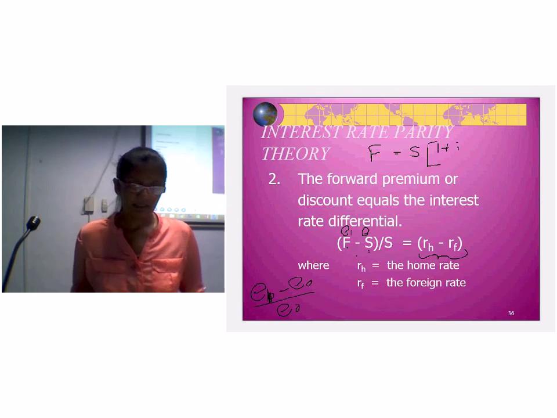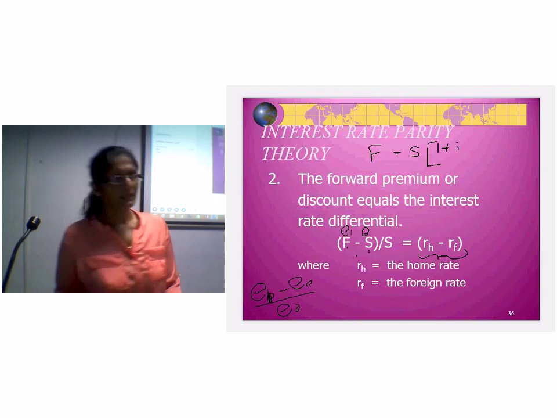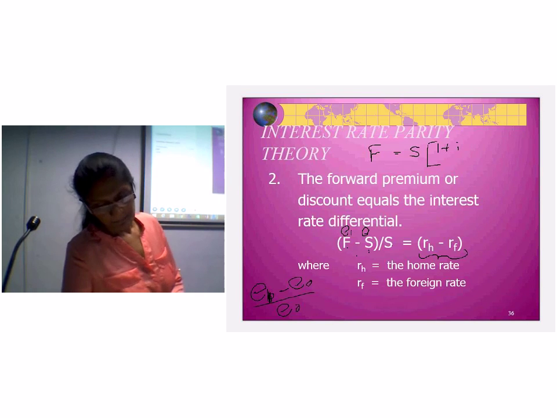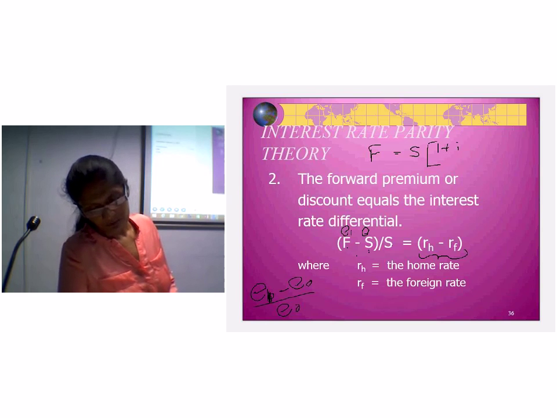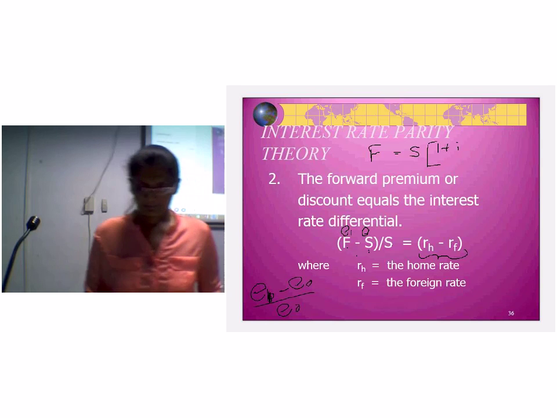So that means if we adjust the spot rate based on the interest rate differential between countries, the future rate or the forward rate is equal to the spot rate, right?